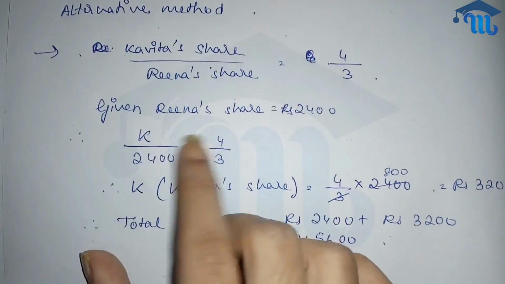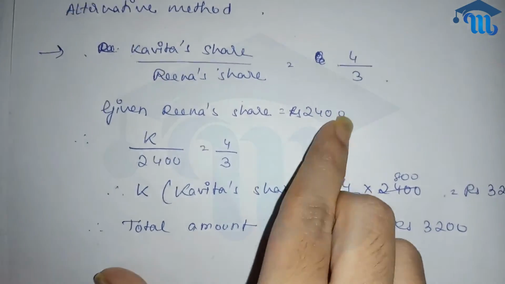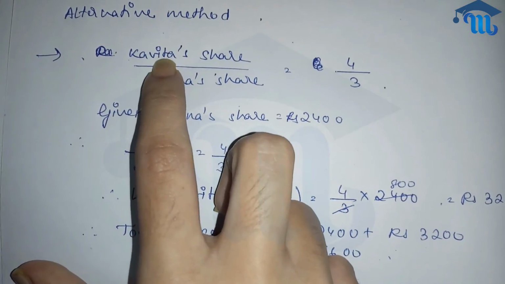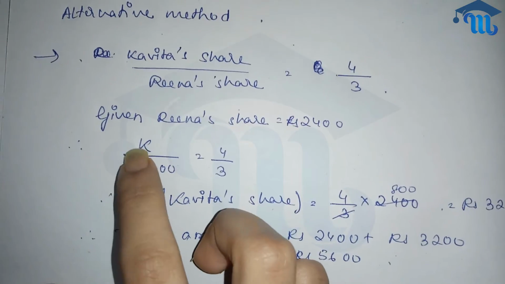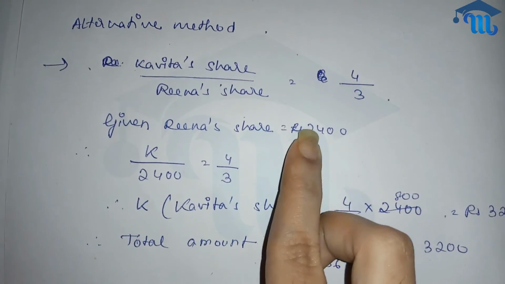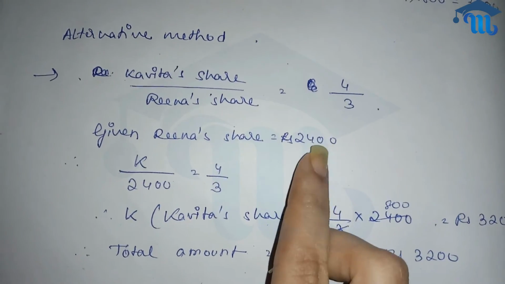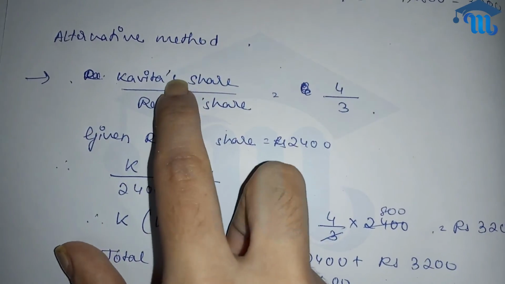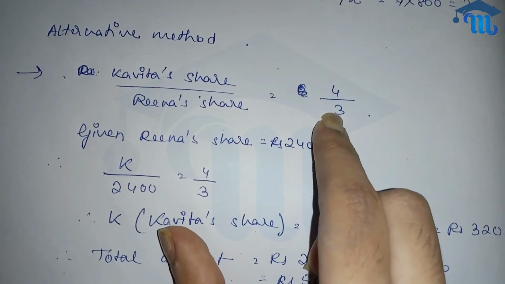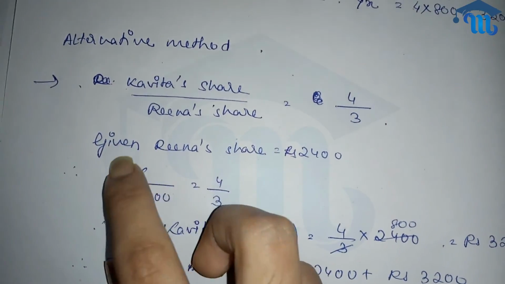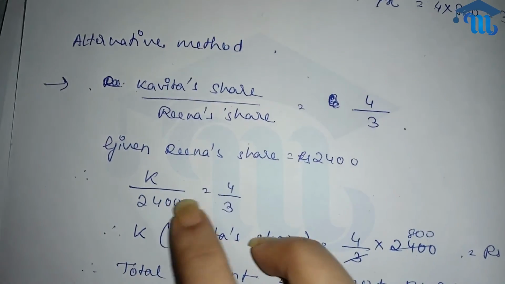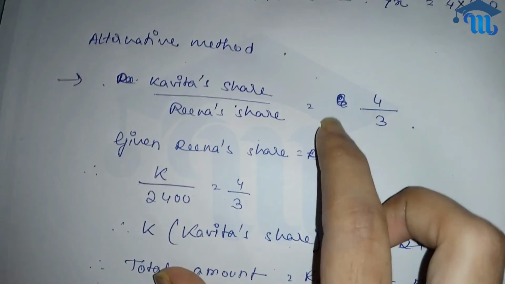Now you have been given Reena's share as rupees 2400, and you take Kavita's share as K. What does ratio mean? Kavita's share by Reena's share will be equal to 4 by 3. That means whatever is Kavita's share, that by Reena's share, that is 2400, is the ratio 4 by 3.